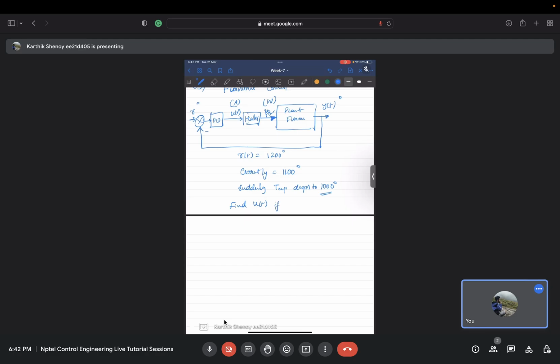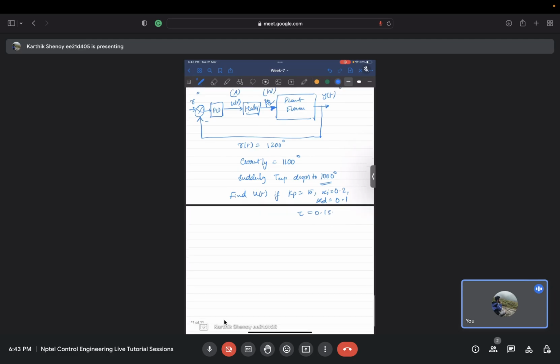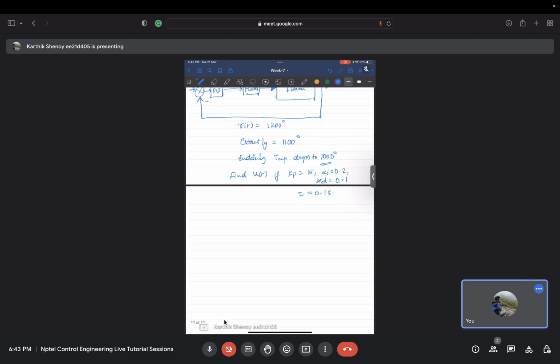If my values were Kp equal to 5, Ki equal to 0.2, Kd equal to 0.1, and my sampling time, which we discussed first, is 0.1 seconds, how do I find this? First I will find the error.